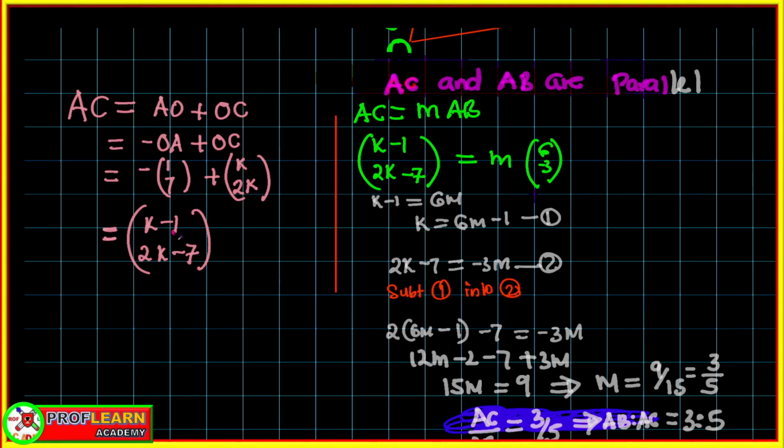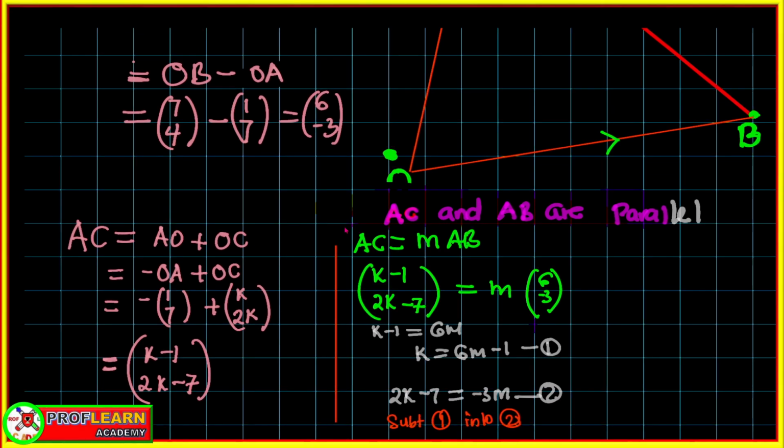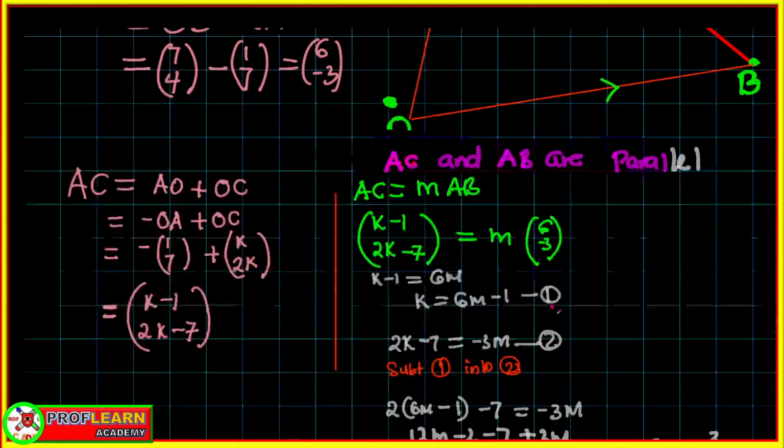Then since we have AC and we have AB, we can now substitute that into the equation AC equals m AB. So AC is (k-1, 2k-7), and AB was (6, -3).